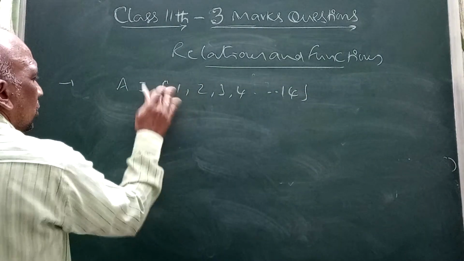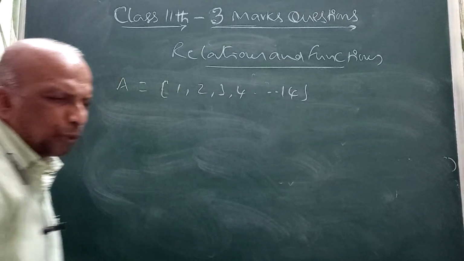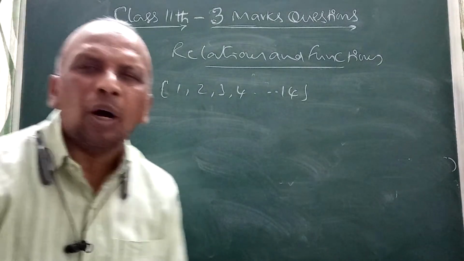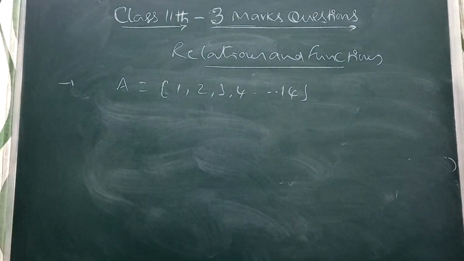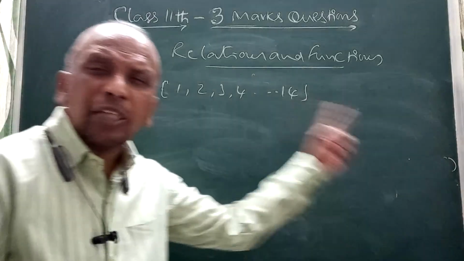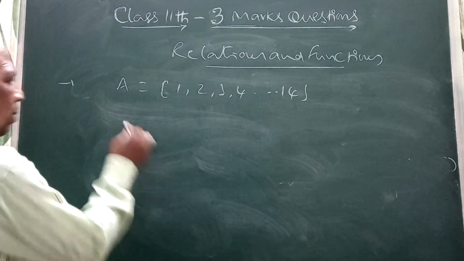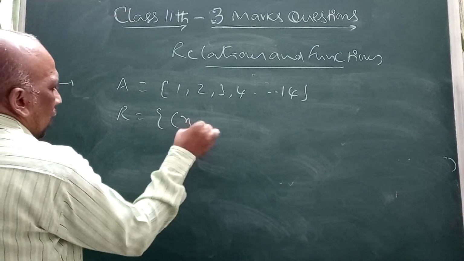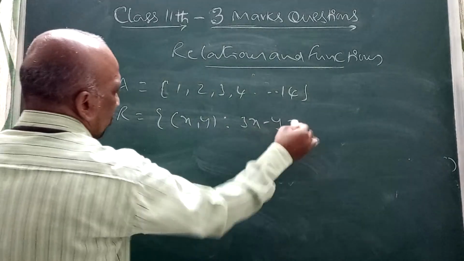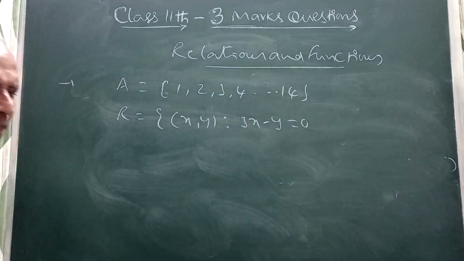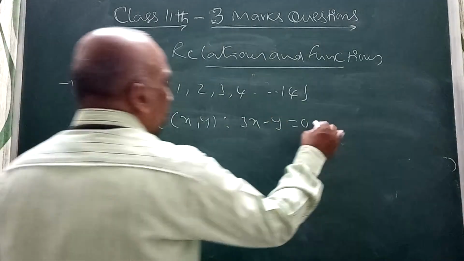They mention here A is equal to the set {1, 2, 3 and so on to 14}. Define a relation R from A to A given by R is equal to the set of (x, y) such that 3x minus y equals 0, where (x, y) belongs to A.